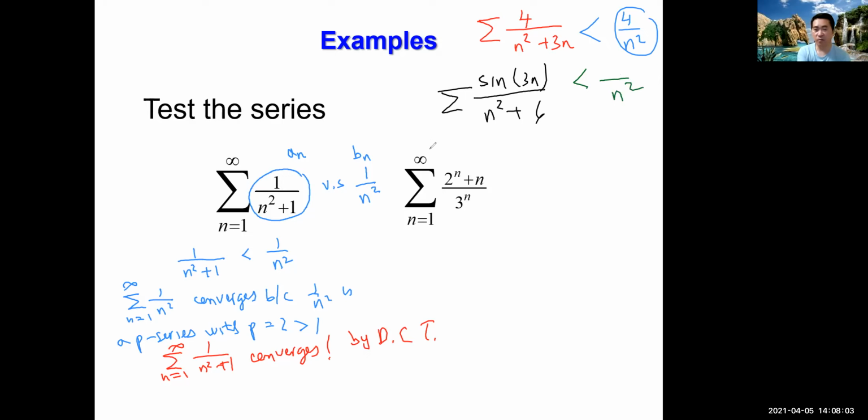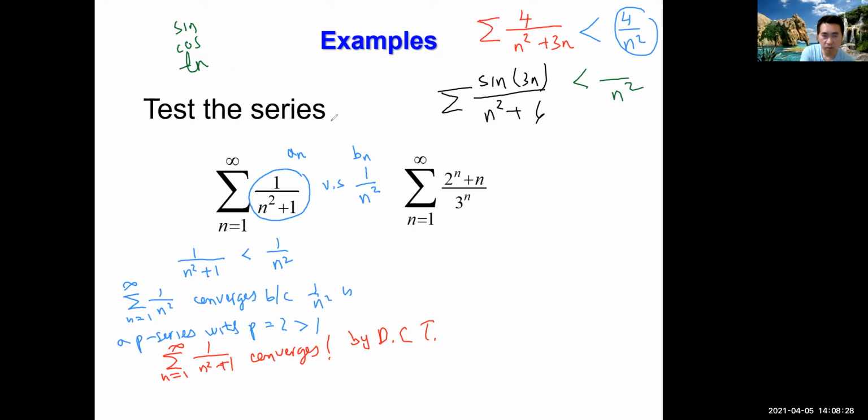Knowing the denominator is bigger, it should make the fraction smaller. But the numerator, how do we do? Whenever you see the sine, the cosine, or tangent, those are the unwanted terms. Or you can even have natural log in it, okay?